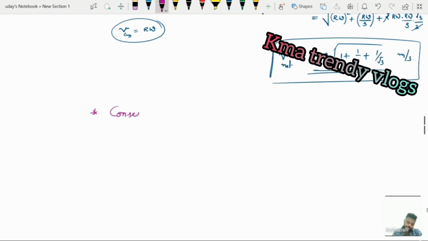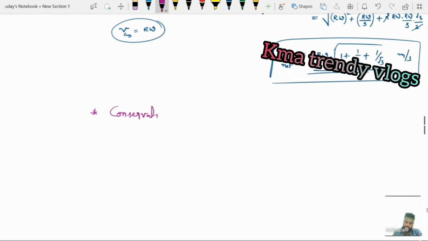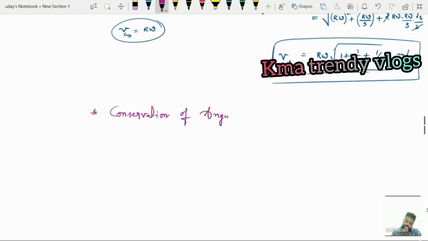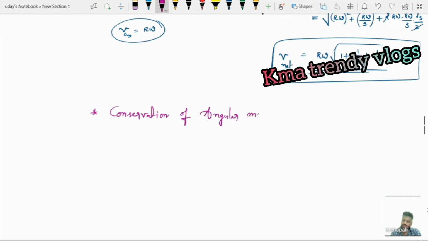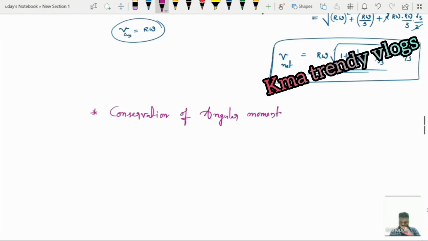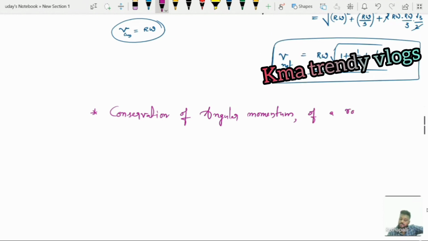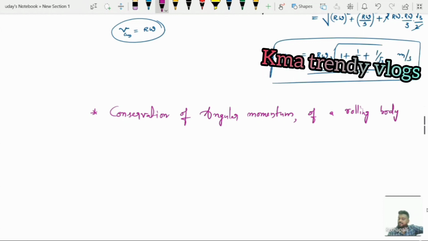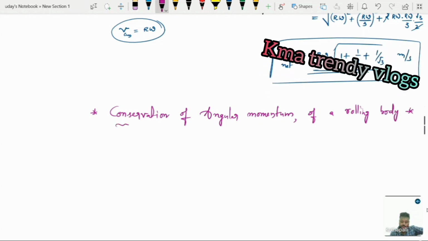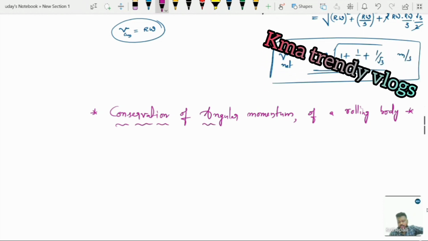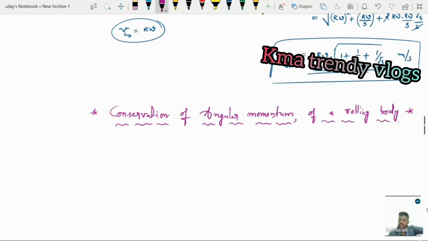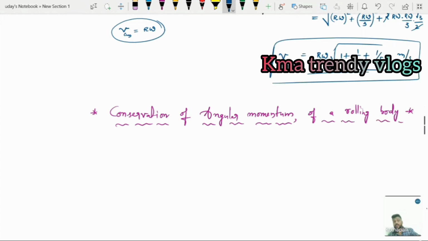Conservation of angular momentum of a rolling body. Point number one: whenever you want to conserve the angular momentum, remember that the net torque acting on the body must be equal to zero.